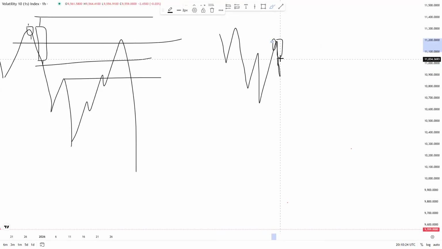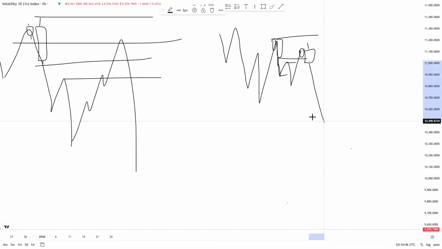Price now comes into your imbalance and gives you another imbalance before pushing to the downside.